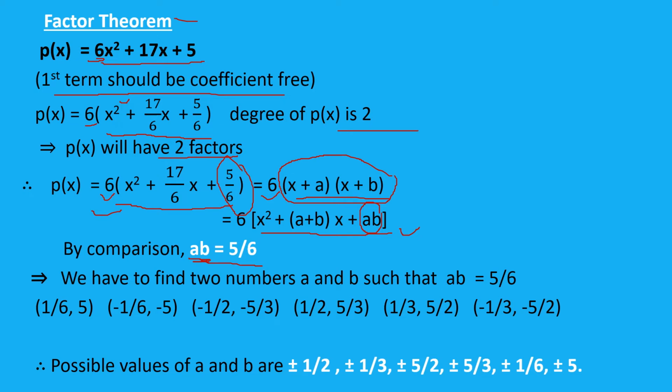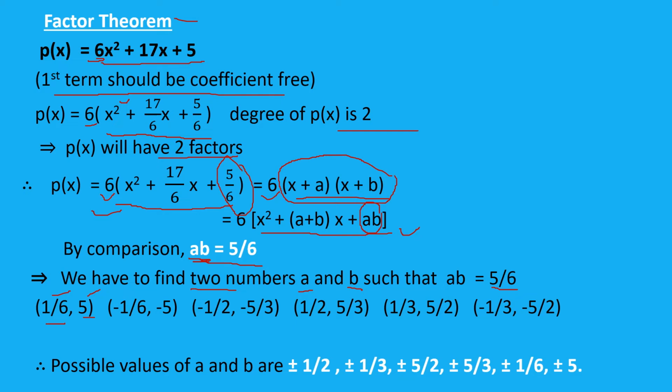That means we have to find two numbers, one number is a and the second number is b, such that their product is equal to 5/6. So what are the possible values here? We can take a as 1/6 and b as 5. If we multiply these two, we get 5/6. We can take vice versa also, a as 5 and b as 1/6, but both cases are the same, so we are considering only one: 1/6 and 5.